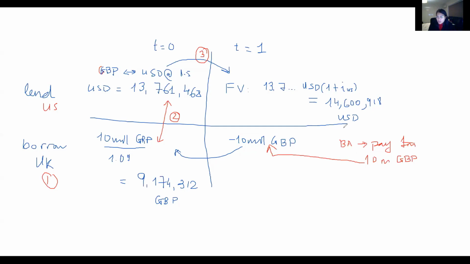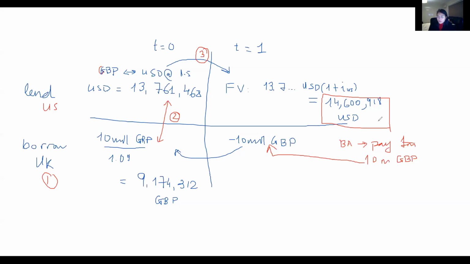So in the future, I'm going to have zero exposure to my pounds position, because I have netted off these 2 positions. And what I am left with is the USD proceeds of 14.6 million USD. Okay. So effectively, through this money market hedge, I have locked in my US proceeds at 14.6 million USD.